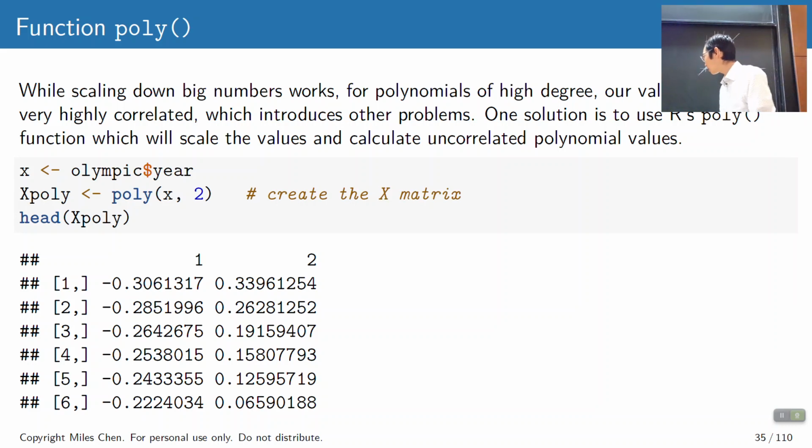And so what poly will do is it looks at the range of values. So just on this particular range of values, you have this linear model for y equals x, and it says, okay, if your range of values goes from here to here, when you fit the quadratic component, it's actually going to just shift the values a little bit, okay?